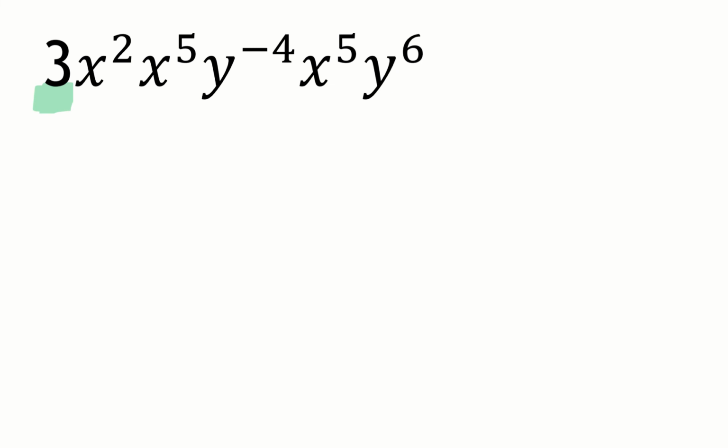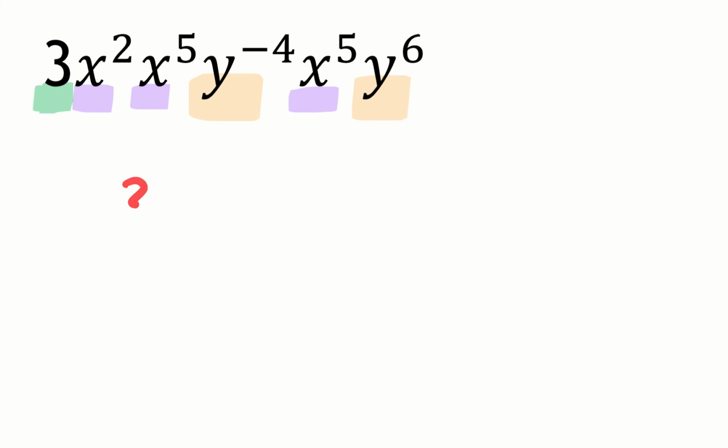And I can also see that I'm multiplying bases of x. In fact, I've got 2 factors of x, I've got 5 factors of x, and I've got 5 more factors of x. And in terms of y, there are 6 factors of y here, and then there's a y to the negative 4th power here. So my answer is going to look like this.